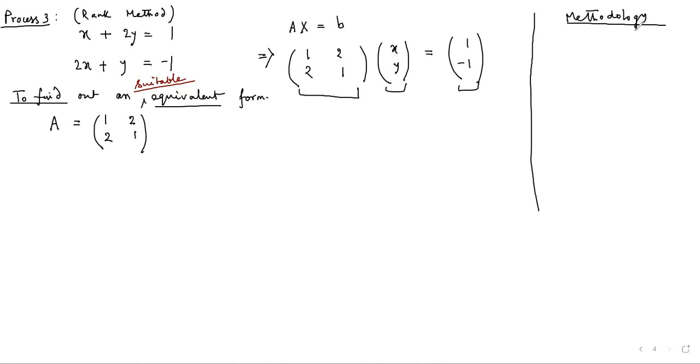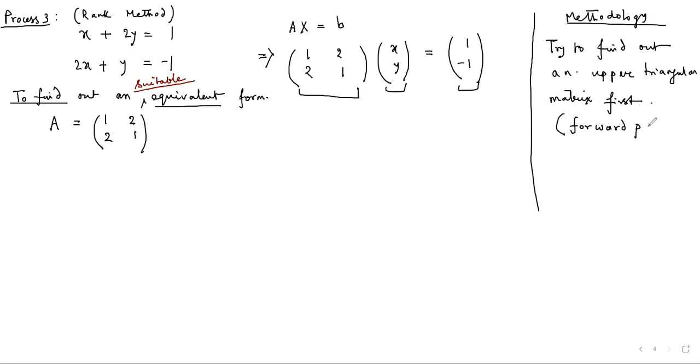The technique is, first you try to find out an upper triangular matrix. This particular method is actually called the forward pass method.